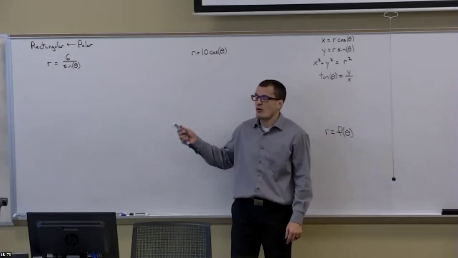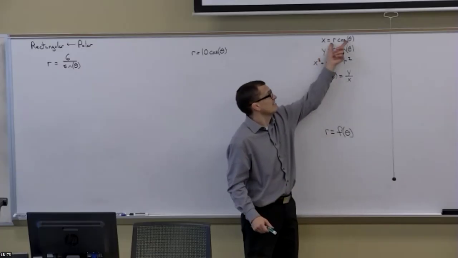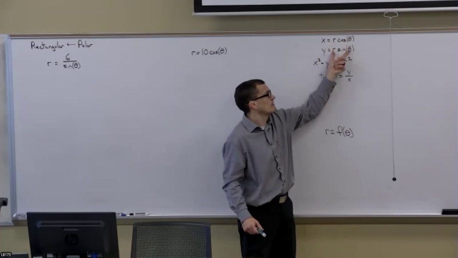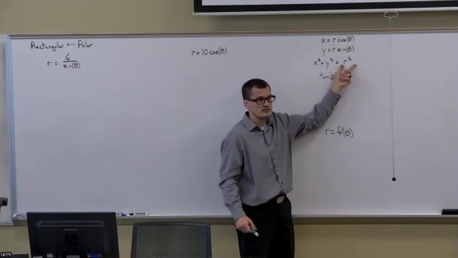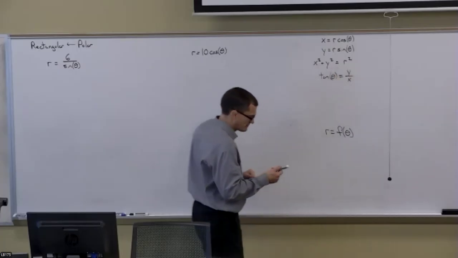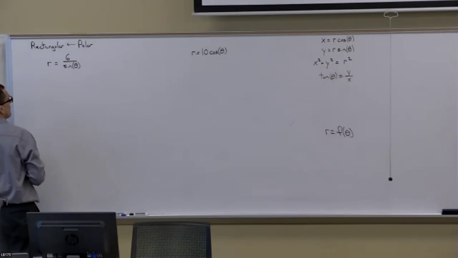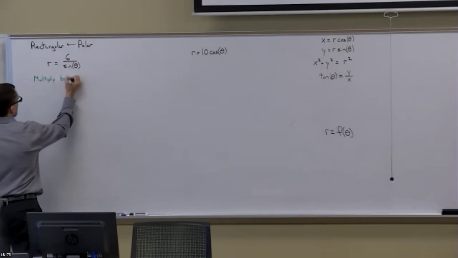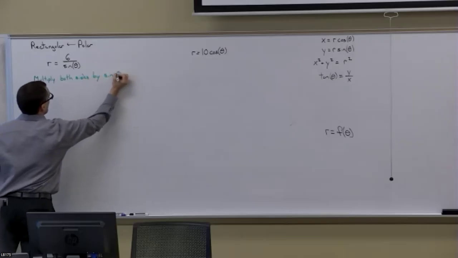So when we're dealing with polar and trying to go to rectangular, I would like to have things that look like r cosine theta, or r sine theta, or r squared. In this first equation, to get what I want, I would multiply both sides by sine of theta.